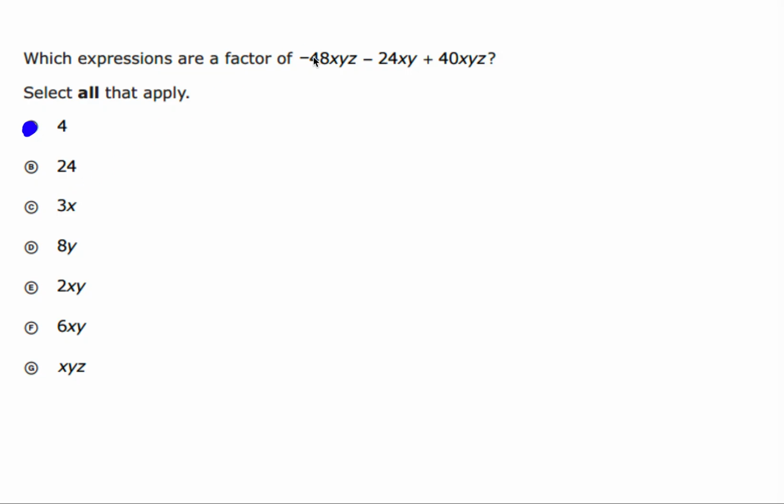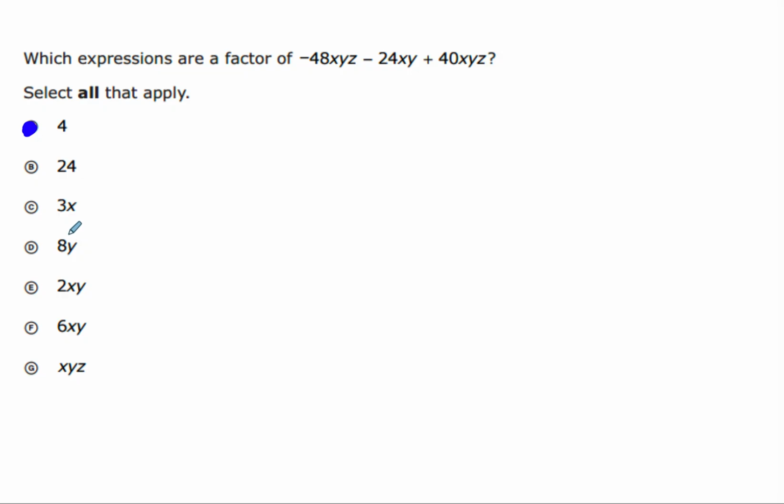So let's see. 3 goes into 48. 3 goes into 24. 3 doesn't go into 40. Remember, to check if something's divisible by 3, you can always add the numbers together. 4 plus 0 is 4. And if the total is divisible by 3, then the whole thing is. So 3 does not go into these, so that's not going to work.